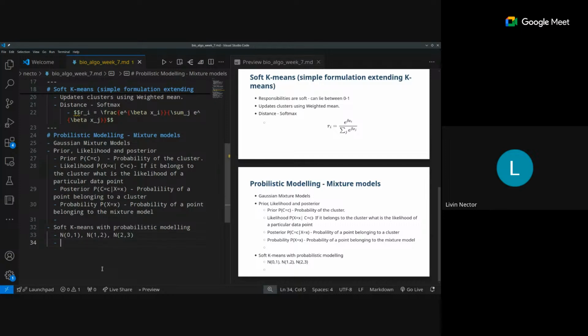So with this, the soft k-means formula becomes this posterior. What we are trying to find is the posterior. And this in general is the marginal distribution over the data, which is basically the p of x. And this is the likelihood.